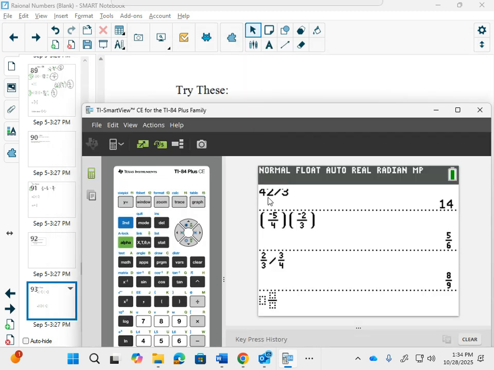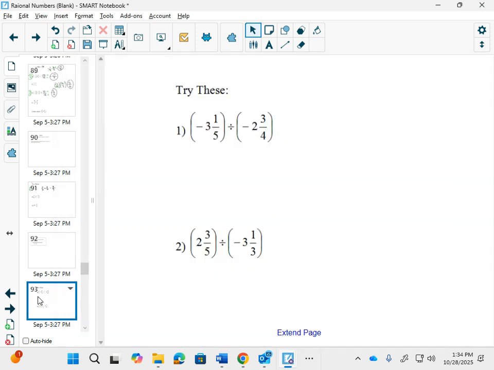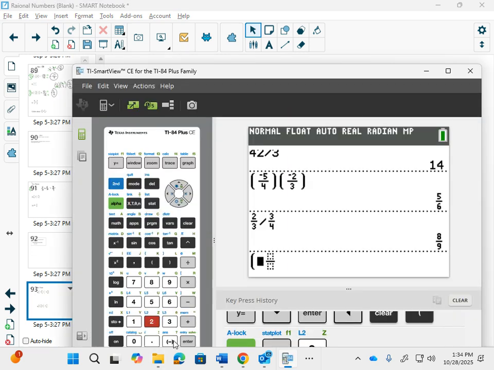I've got my first one. Oh, it's supposed to be in brackets. So I might have to, oops. I'll put my bracket first. And my first fraction was negative 3 and 1/5.